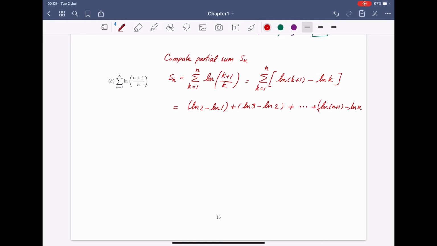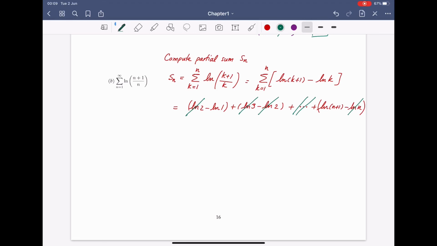So something cancels out: log 2 here is going to cancel with log 2 here, log 3 here is going to cancel with something inside the dots here, and log n here is going to cancel with something inside here.